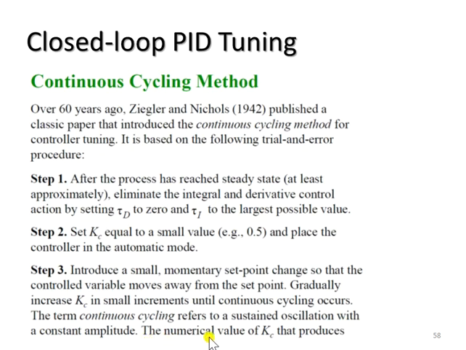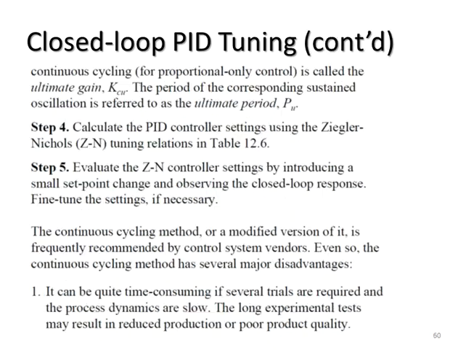Just now we increased Kc gradually. Once we achieve the continuous cycling, the numerical value of Kc that produces the continuous cycling is called the ultimate gain, which we can label as Kcu.